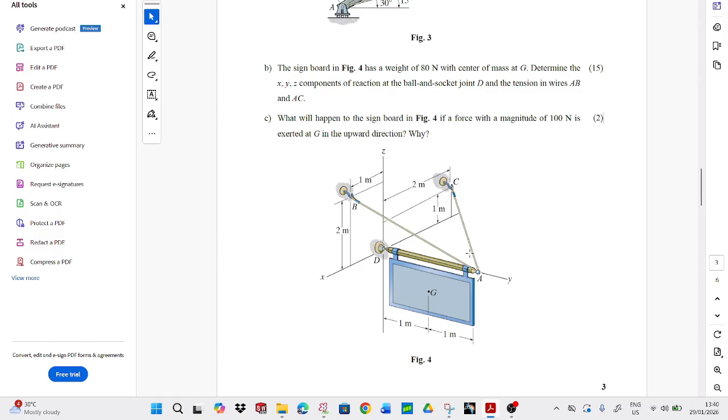So they want to find the XYZ component reactions at the ball and socket joint, and of course the tension from both the cables.